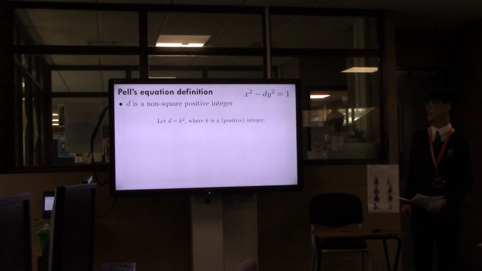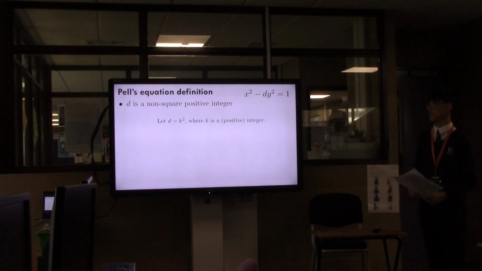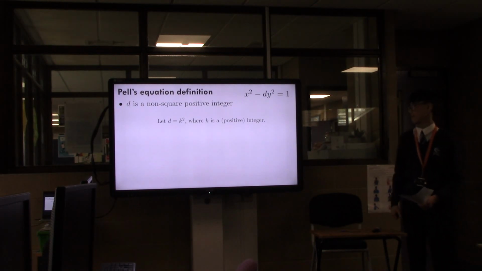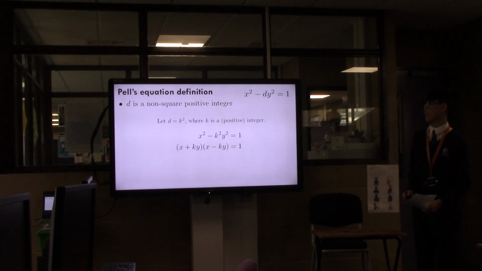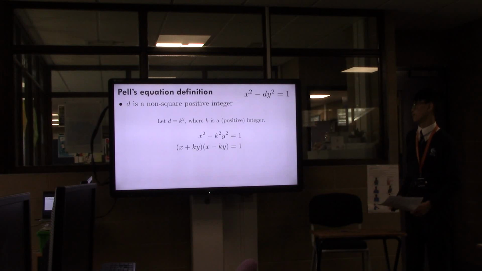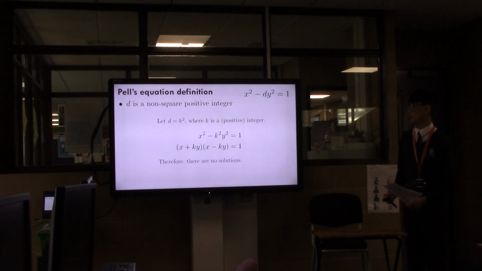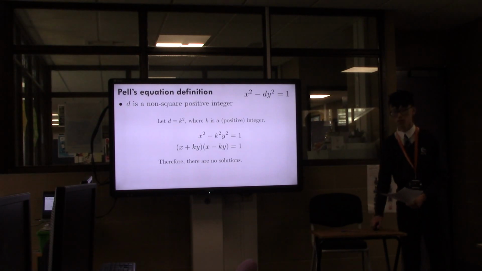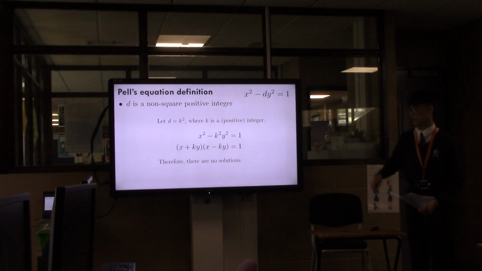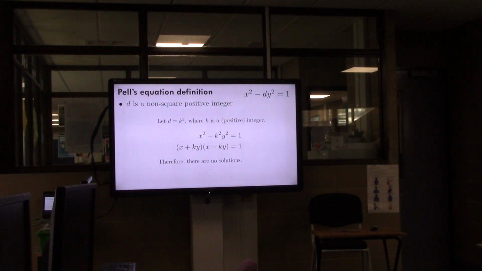If we say that d is a square number, we can say that d equals k squared, where k is a positive integer. Here we've just substituted k squared in for d, and we can use difference of two squares to get that x plus ky times x minus ky is equal to 1. Because we know that x, k and y are all integers, the only pairs of two integers that can multiply to get 1 are 1 times 1 and minus 1 times minus 1.